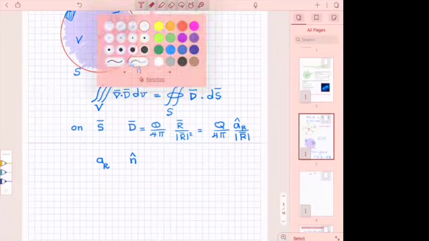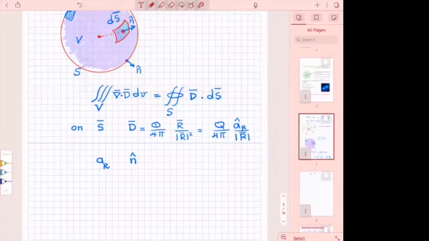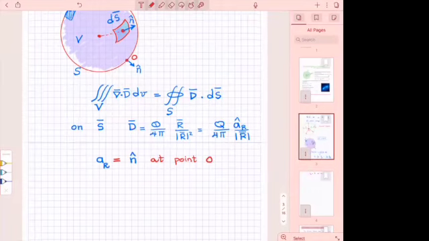Is it not that N hat is the same as the radial direction at that point? Okay, so these two are equal at point, say, O. It can be at any point on the surface S. Okay, so you remember that.